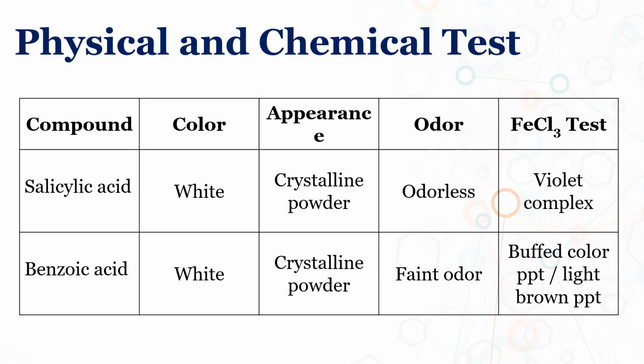And then benzoic acid, it's also white, it's a crystalline powder, it has a faint odor, and it gives a buff color or a light brown precipitate. So kindly disregard what is in the manual where it says violet. So benzoic acid reaction with ferric chloride test should be a light brown precipitate.